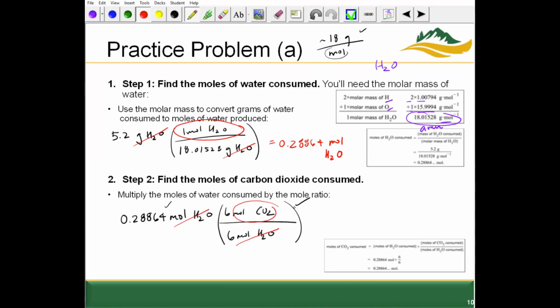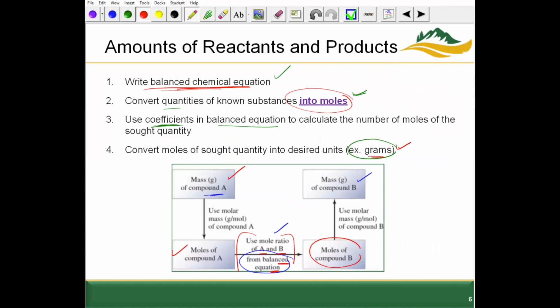So we're essentially taking this value and multiplying by 1. So again, that's 0.28864, but now moles of CO2. So we're getting closer. Coming back here now, we do have moles of CO2. Now we can go into grams of CO2 using the molar mass of carbon dioxide, or CO2.